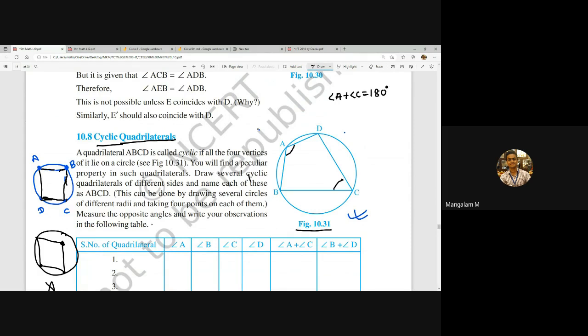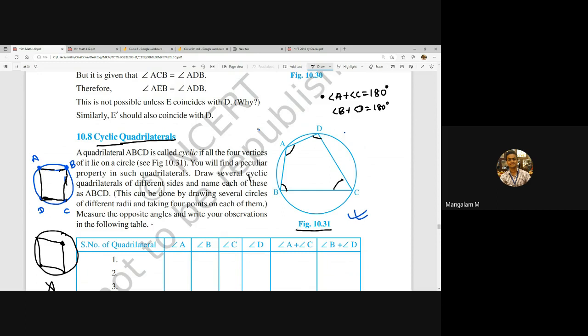The sum of angle A and angle C is 180 degrees, and the sum of angle B and angle D will also be 180 degrees. This is the property of a cyclic quadrilateral. You can also derive this theorem on your own. I will not derive the theorem that the sum of opposite angles of a cyclic quadrilateral is 180, right?